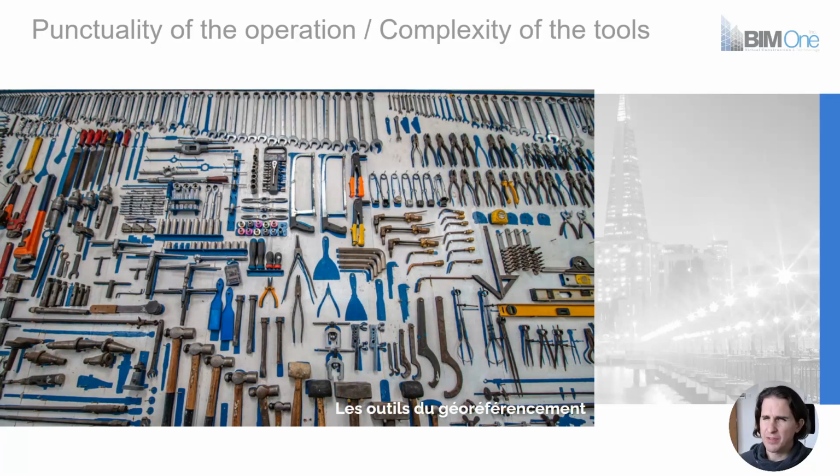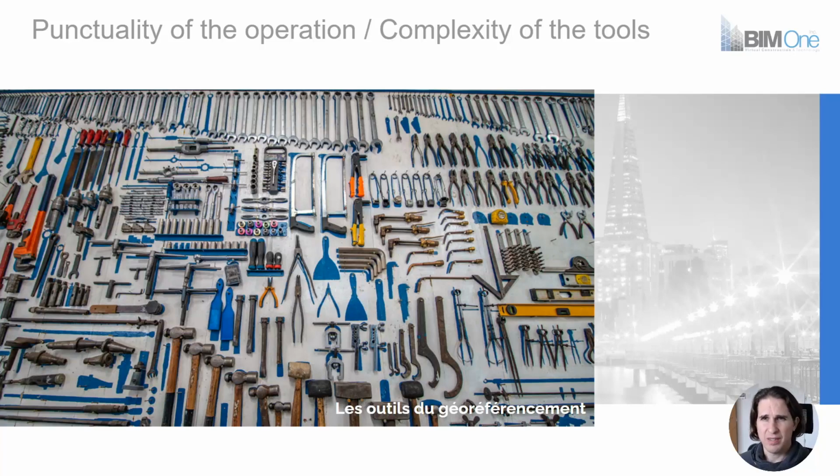The punctuality of the operation of georeferencing and the complexity of the tools are also an issue. The positioning of a project is a very one-off event over the life of the project. The tools used have a certain complexity, which is amplified by their sporadic use.